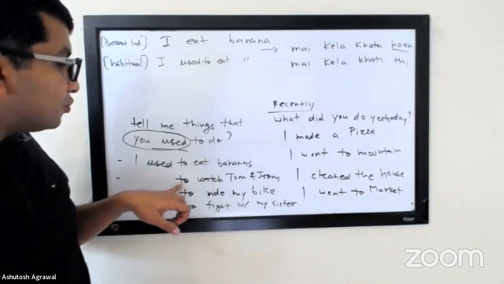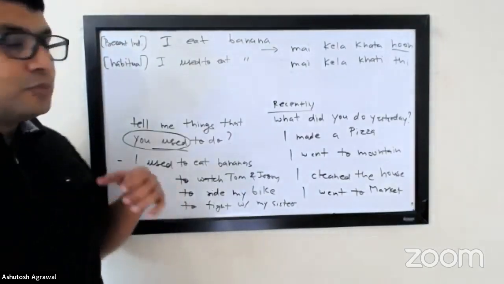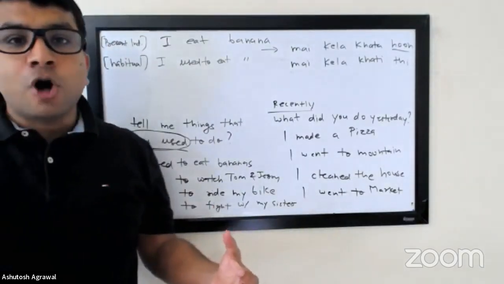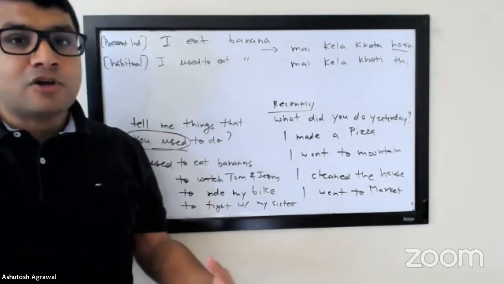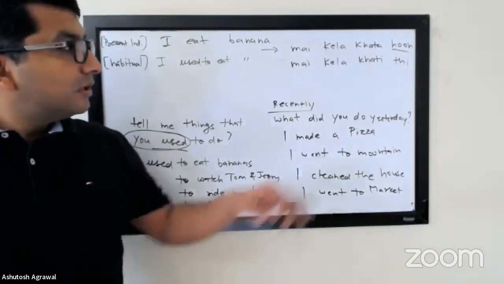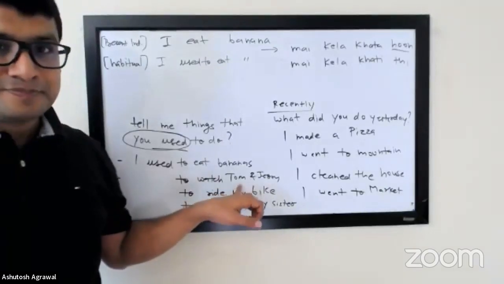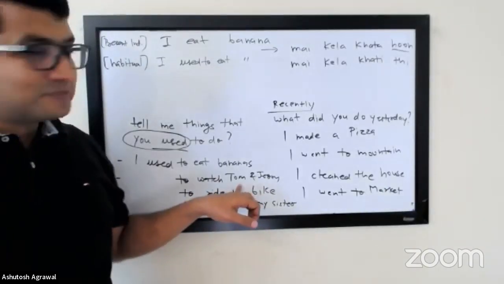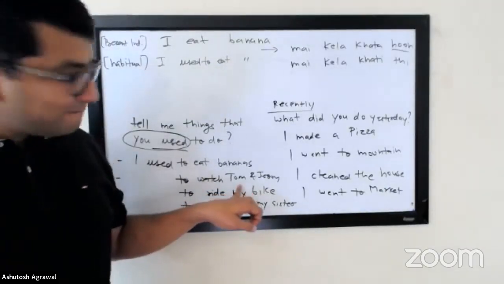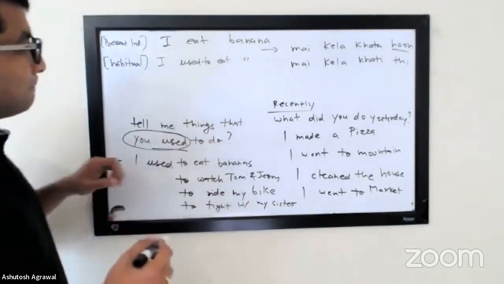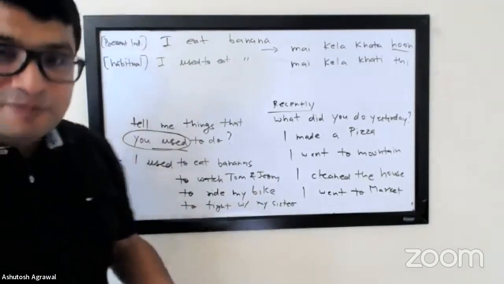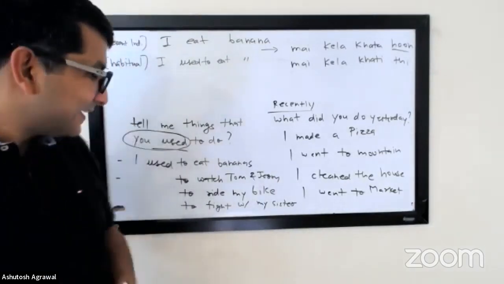Okay, I used to watch Tom and Jerry. If I'm doing it right now, I will say मैं Tom and Jerry देखता हूँ. For habitual past, it would be मैं... What do you guys think? मैं टॉम एंड जेरी देखती थी. Very good. Amazing, right?